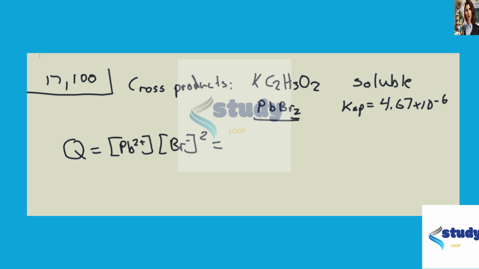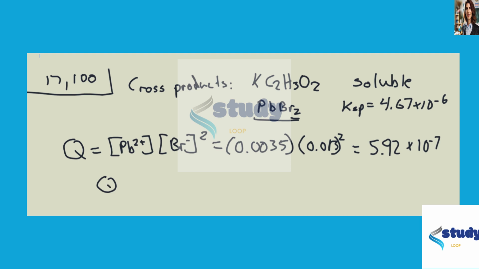So from the concentrations we're given in the problem, we have 0.035 molar lead and 0.013 of bromide, and we square that. And when we do this calculation, we get 5.92 times 10 to the minus 7.